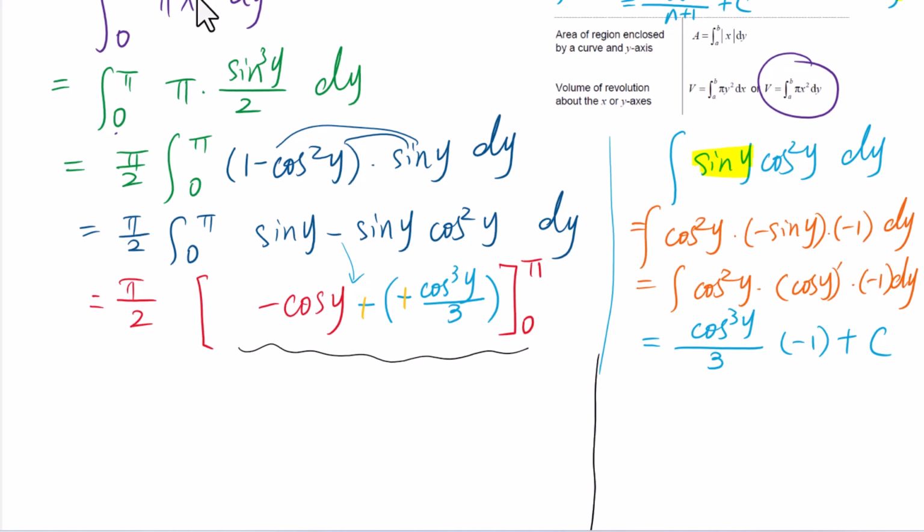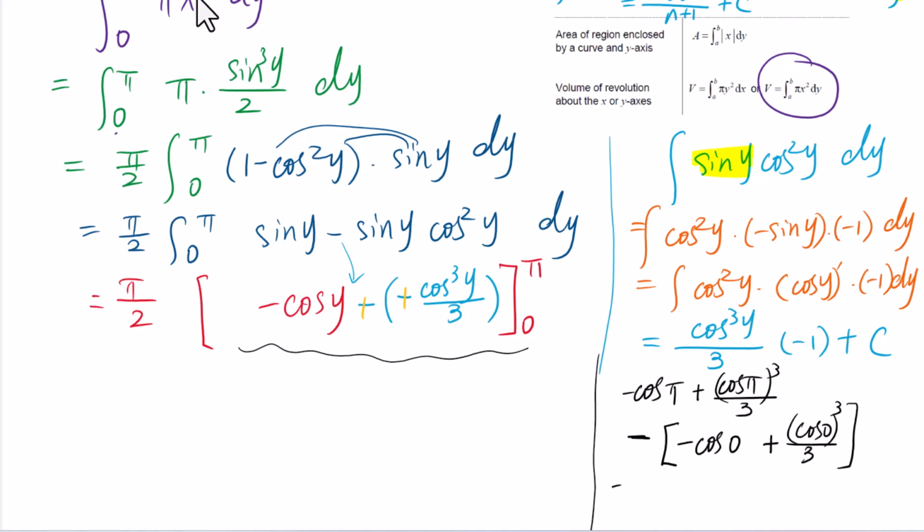Plug in pi first: negative cosine pi plus cosine pi to the third power over 3. Then minus, bracket, plug in 0: negative cosine 0 plus cosine 0 to the third power over 3.